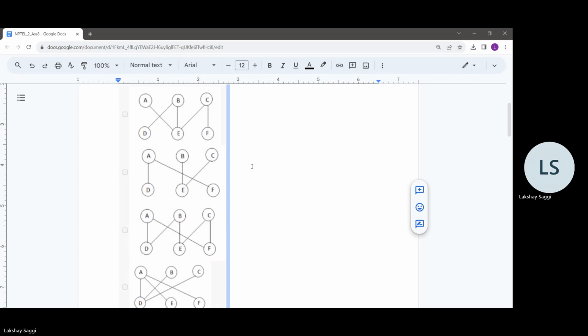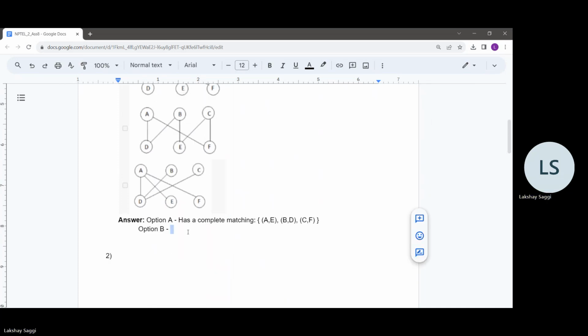So that's how, intuitively, you can see that this graph will not have a complete matching. So option B does not have a complete matching.